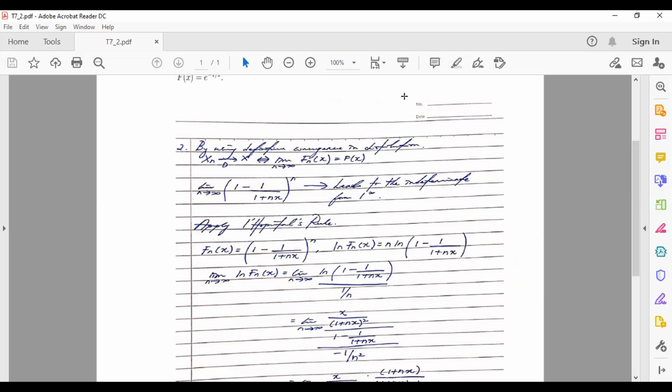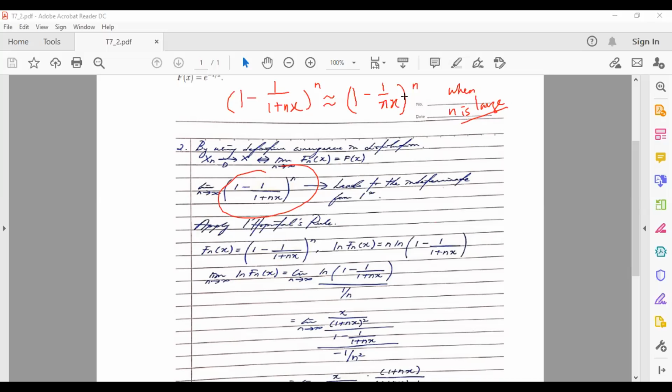So this term here, 1 minus 1 over 1 plus nx, to the power n, is basically 1 minus 1 over nx to the n, when n is large, right? When your n is very large, you add 1, it doesn't matter.